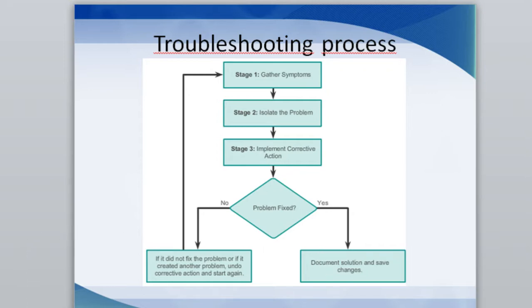Now, what is the gather symptoms stage? It's easy to guess. The gather symptoms stage is about determining which network components have been affected and how our network compares to the baseline.